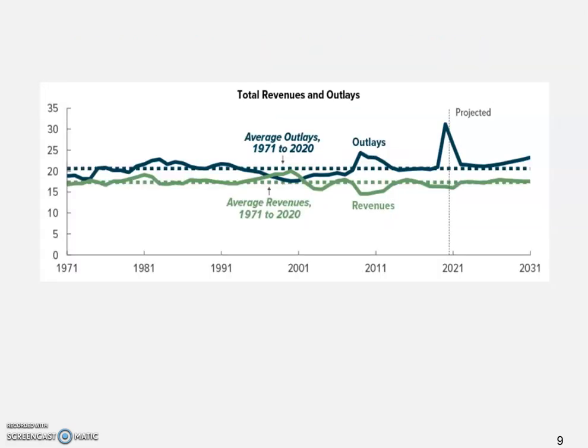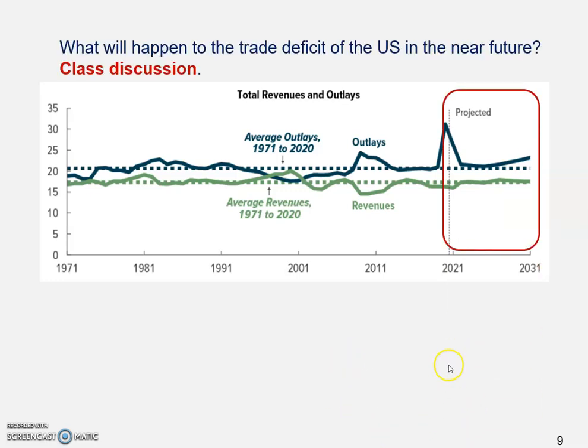Now, here I would like to go back to the previous CBO chart showing the total revenue and the expenditure, or outlays, of the government. But this time, I want to focus upon the years to come, in other words, not the historical period but the projections.